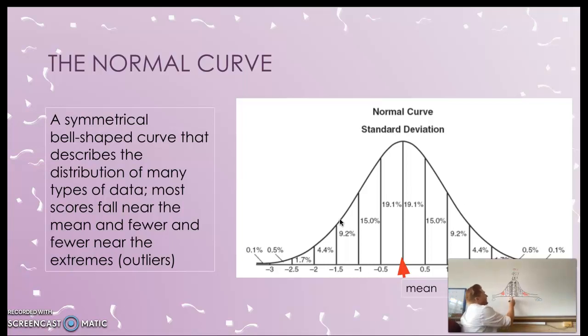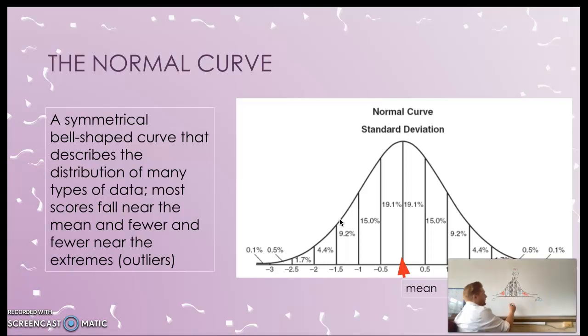This would be saying, if scores ended up falling along these lines, 68% of all tests would fall right in the middle. 95% of all tests, this would be whatever the average is, and then 99% would fall within 3.